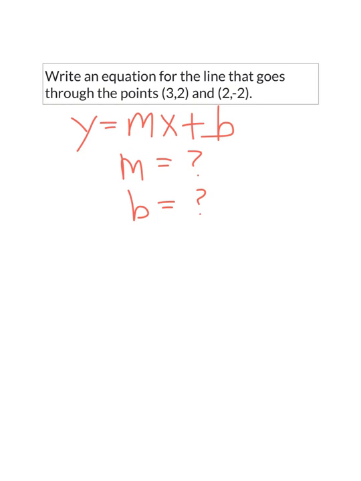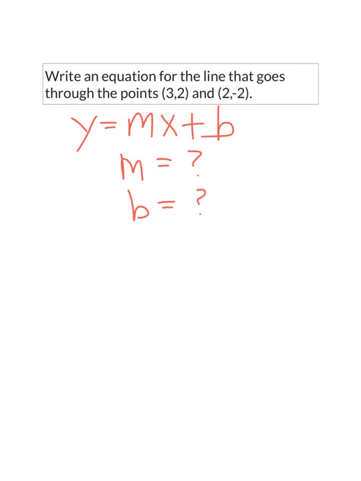This problem is kind of like the last one, but I bet it's going to be different. So let's reread the problem. It says write an equation for the line that goes through the points 3, 2, and 2, -2. Well, they don't give me the slope, and they also don't give me the y-intercept. And it looks like I'm going to have to figure these things out algebraically.